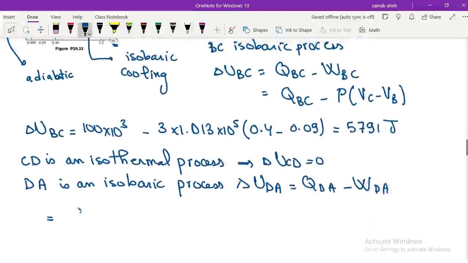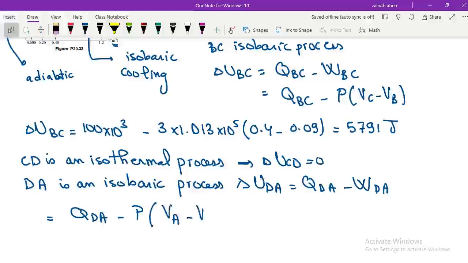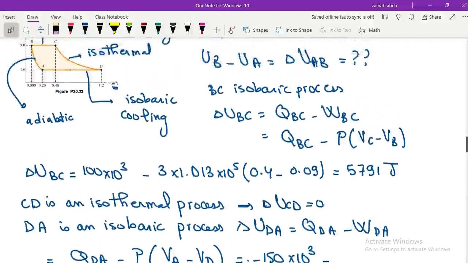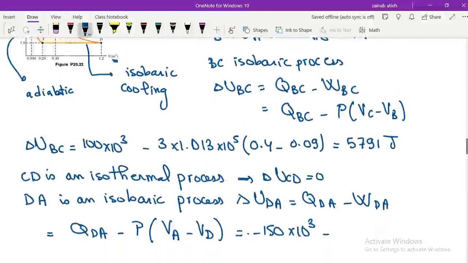It's equal to QDA minus P, the pressure is constant, I can read it from the graph, times V final minus V initial. I finished at A, I started with D. QDA was already given, it was minus 150 times 10 to the power 3. Don't forget the unit. Minus, let's look at the pressure. The pressure from the graph is equal to 1 atmosphere, so I have to write 1 times 1.013 times 10 to the power 5.